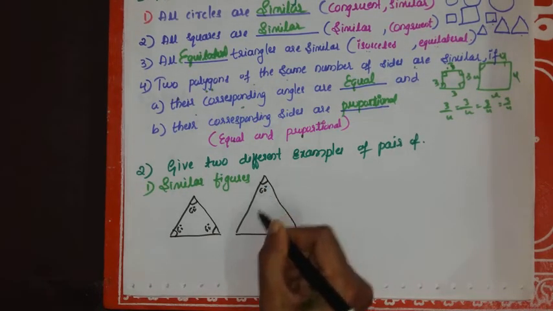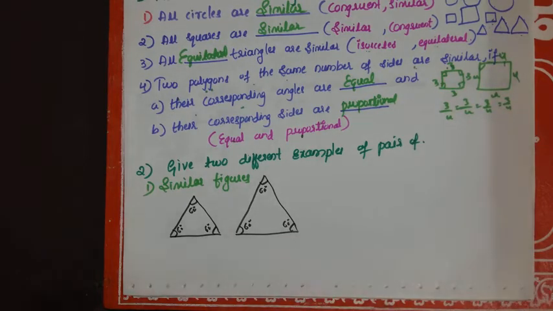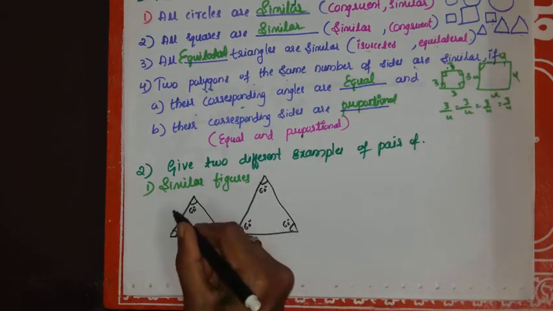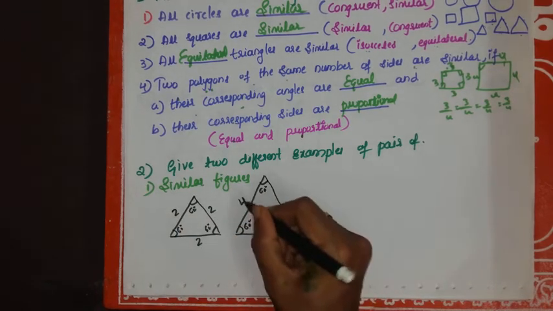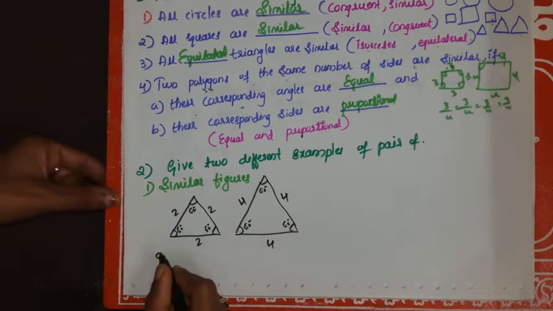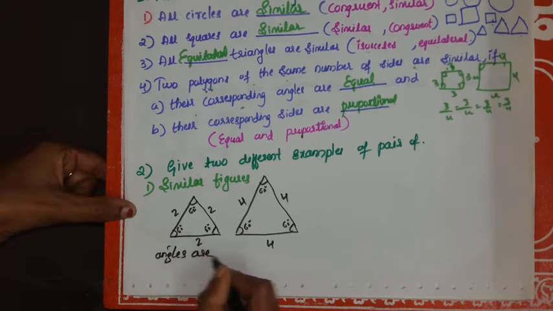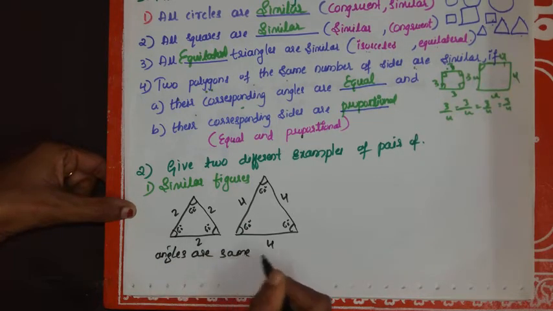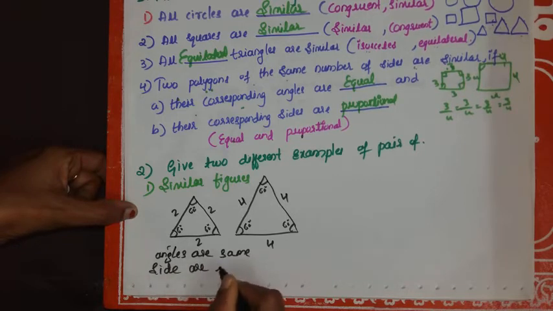Here also the angles are the same, so the sides are in proportion. If this is 2 centimeter, 2, 2, I take the other as 4, 4, 4. The angles are the same and the sides are in the same proportion.